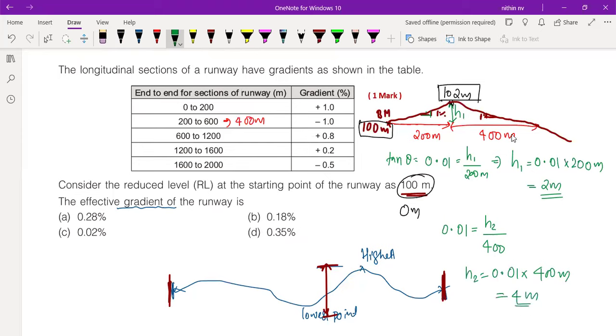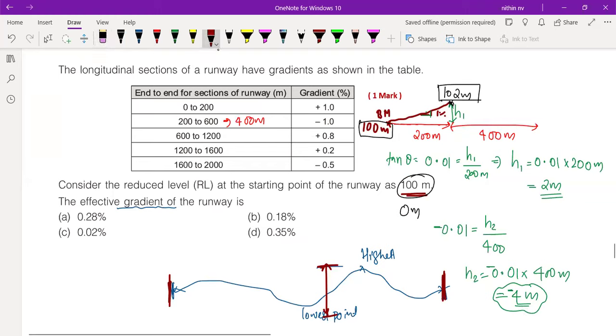In the next 400 meter, the elevation has changed by 4 meter. But this 0.01 is negative, no? -1%, which means -4. So from the second point, which was at 102 meter, in the next 400 meter, the ground level has decreased by 4 meter.